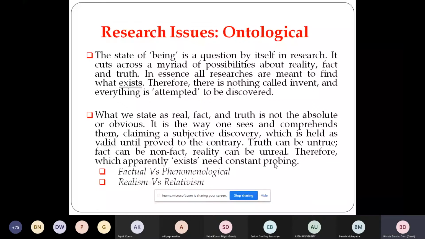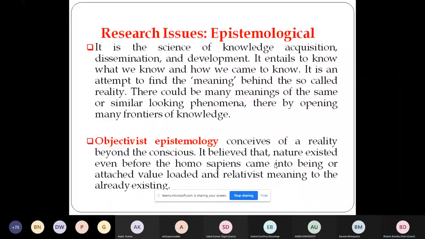Reality versus relativity. So in that case, it is a science of knowledge acquisition, dissemination, as well as development. It entails knowing what we know and how we come to know. So ultimately, we usually start by identifying from which source it is incorporated and whether that source is a valid source or not, an established source or not.